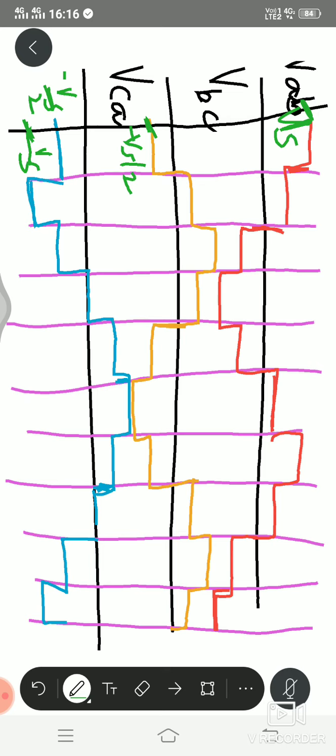Always two terminals are connected, and what about the third terminal? Either A or B or C, any one of the terminals is always kept open. So the potential of that third terminal is always unknown.